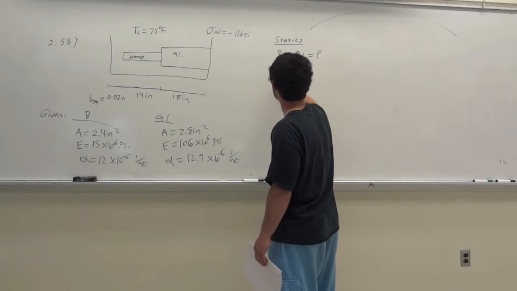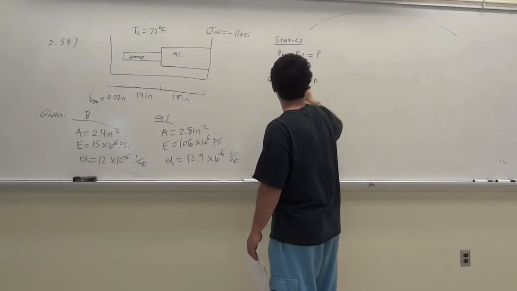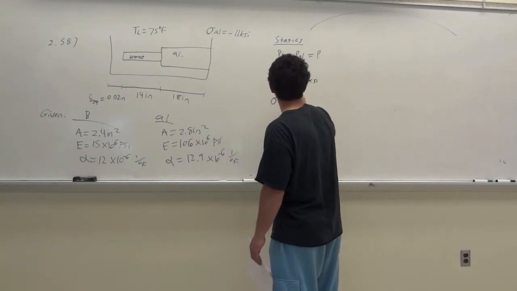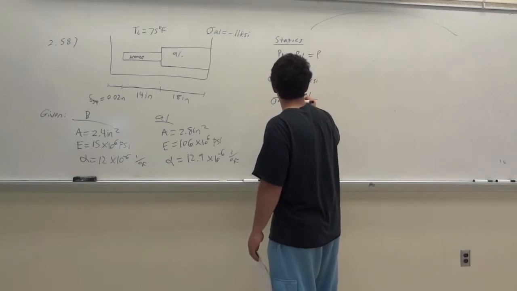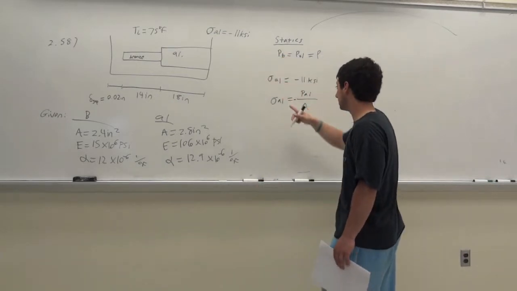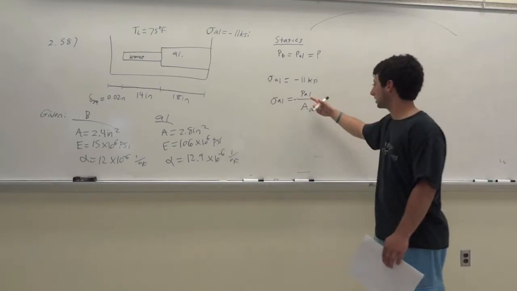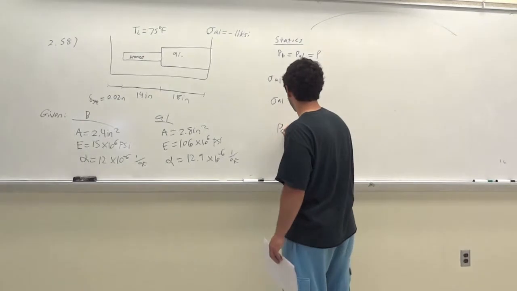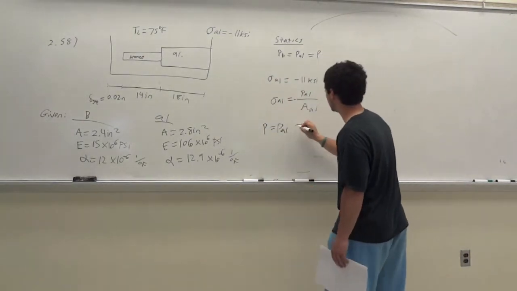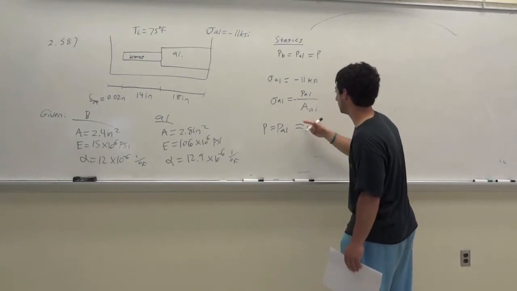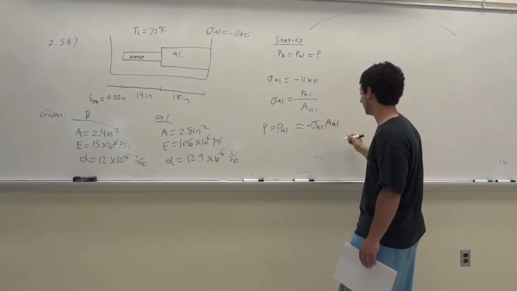So we have sigma_AL is equal to minus 11 ksi, right? So we know sigma_AL is equal to the force in the aluminum, which is equal to P. And it's minus, right? Because it's being compressed. So it's minus P over A_AL, right? So we want to solve for P_AL, which is equal to just P, which is equal to the force in the bronze, is equal to minus sigma_AL times A_AL, right?